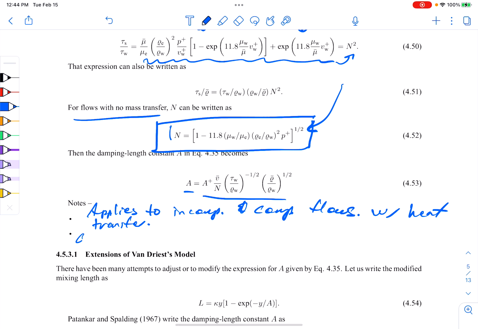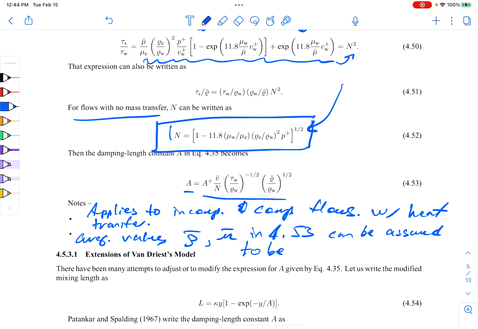And the average values, say, of density and viscosity in equation 4.53 can be assumed to be local in the inner region.